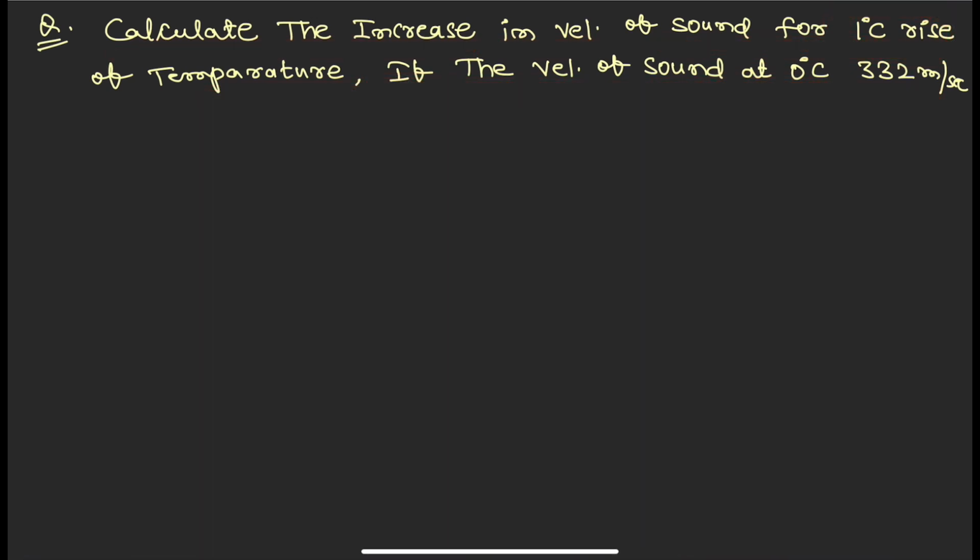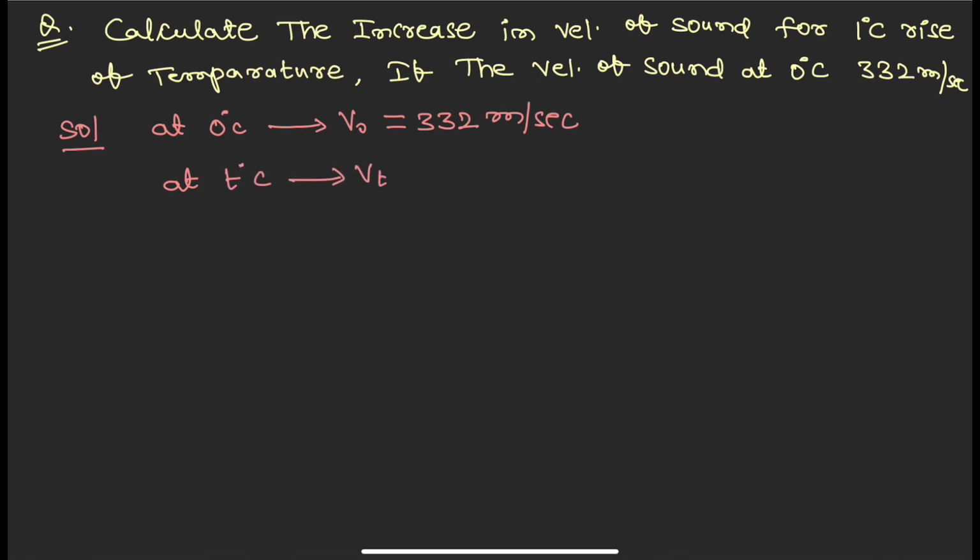The velocity at 0 degree Celsius is V naught, which is 332 meter per second. At T degree Celsius, let the velocity be Vt.